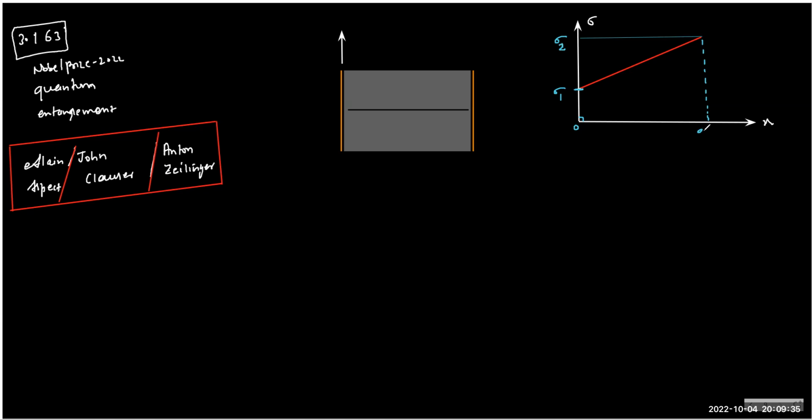And this is D. So you can clearly see the slope, how much? Intercept is sigma 1. So sigma you can write as slope, which is sigma 2 minus sigma 1 upon D, times x, plus sigma 1. y equals mx plus c. So you're not supposed to read this again.